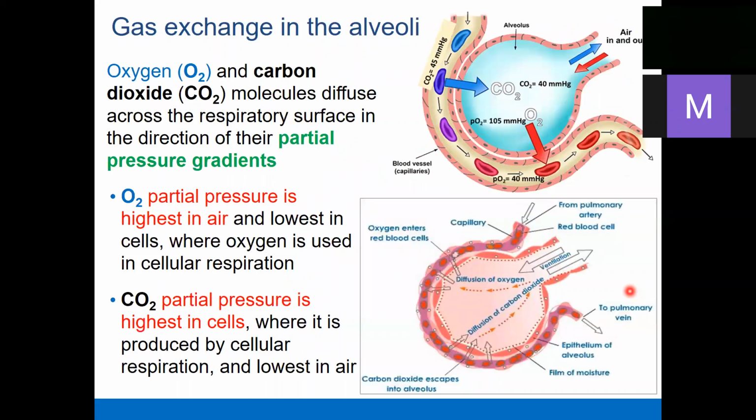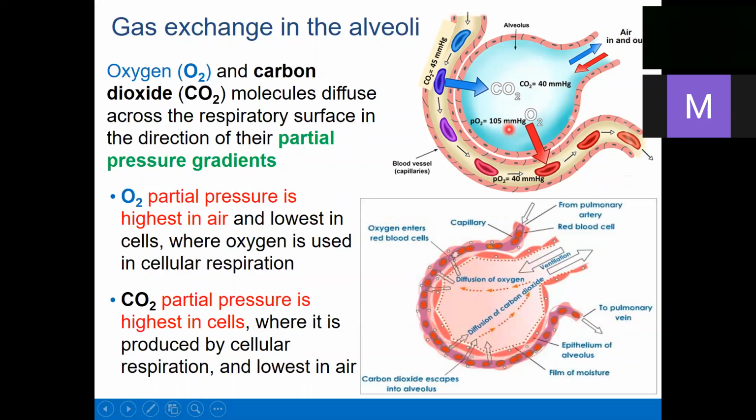Now, as you see here, the oxygen and carbon dioxide molecules diffuse across the respiratory surface in the direction of the partial pressure gradients. The oxygen partial pressure in the alveoli is about 105.